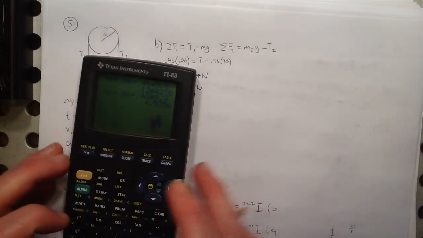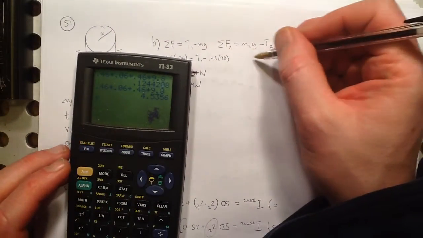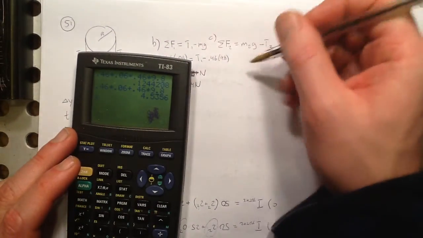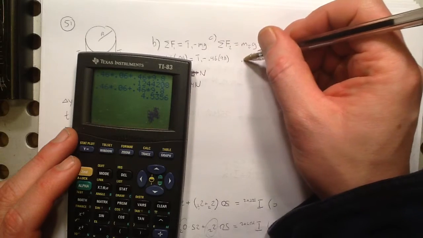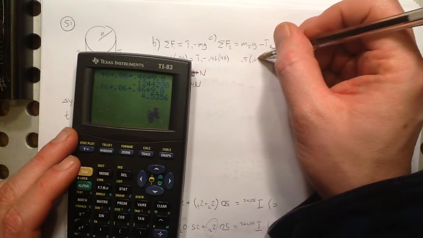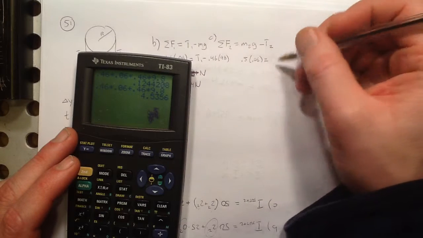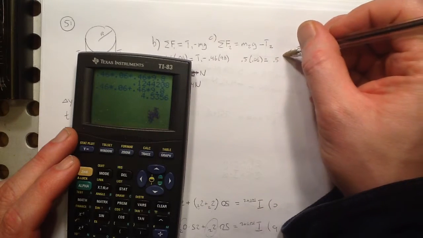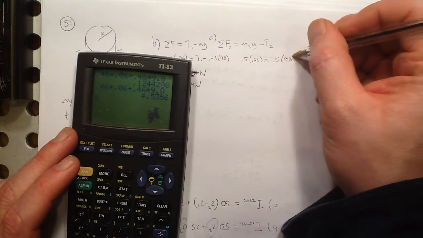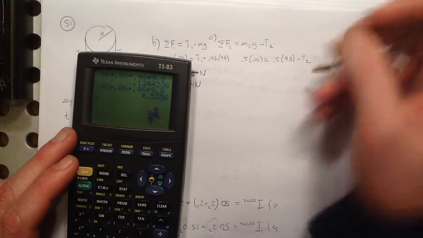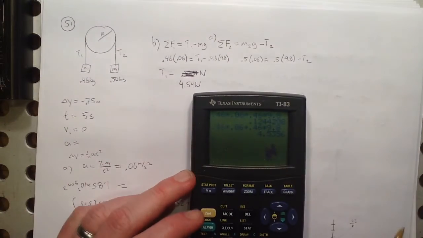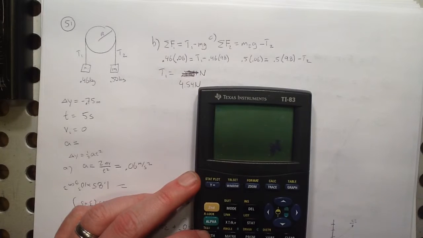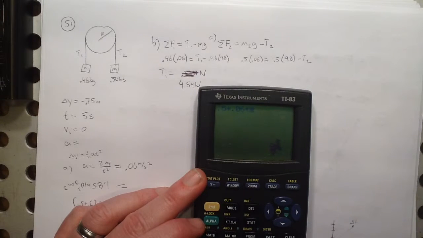And then T2, we have to do the same thing. So this is part C now. Mass times acceleration equals mass times gravity minus T2. So that's going to be 0.5 times 0.06 plus, oops, sorry, check that.